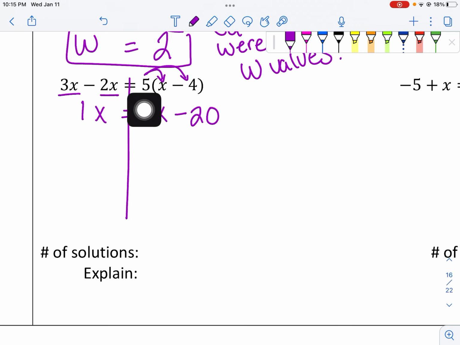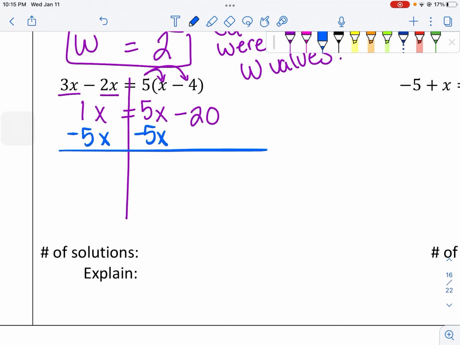So I'm going to start by subtracting because I have positive 5. I'm going to get all my x's on one side. So I'm going to start by subtracting 5 x's on both sides. And 1 minus 5 is -4x. 1 is smaller than 5, so I'm going to end up with a positive 1 and then -5.